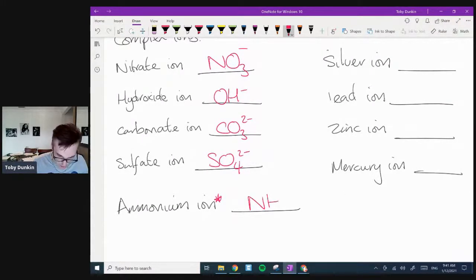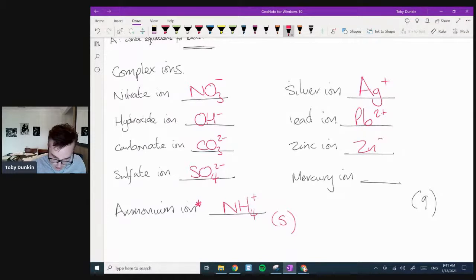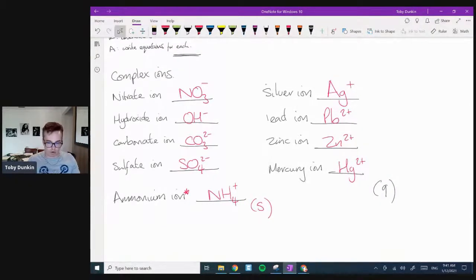Ammonium, NH4 plus. There we go. So that one's out of 5. And then silver, Ag plus. Lead, Pb 2 plus. Zinc, Zn 2 plus. Mercury, Hg 2 plus. On the chat, please, can I now have, out of 5 and 9, what did you get?